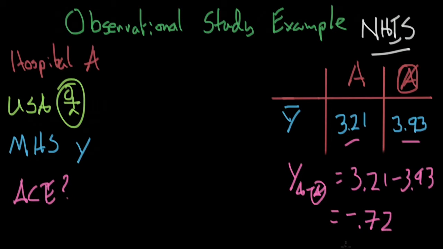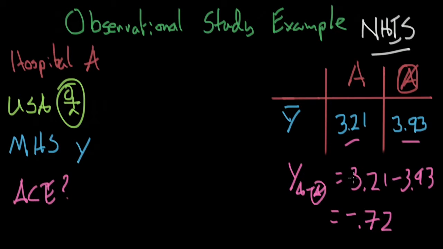This is weird, right? We're saying that if people go to the hospital, they're going to be less healthy. What? Why would this be? This is our prime example of the idea that we talked about before, which is causation versus association. It turns out that the reason why people go to the hospital is because they're sick in the first place.